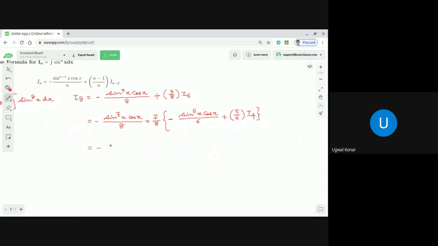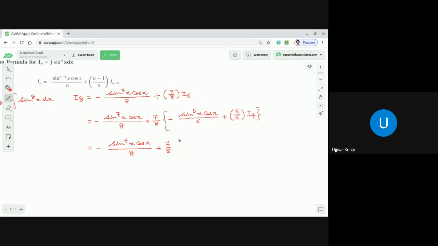Then what you are going to do? I am doing it very slowly just to explain the way to do it. But the moment you remember the formula, it becomes so easy. 7 by 8, then we are going to find the value of I4.